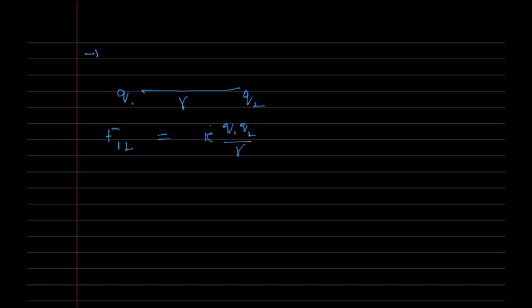I am writing k directly, instead of 1 by 4 pi epsilon naught, in order to have a simple equation representation. Now I take another charge, let's say minus q3.